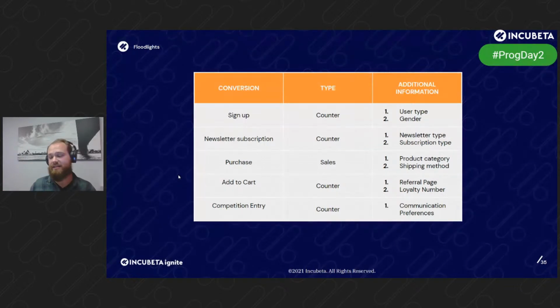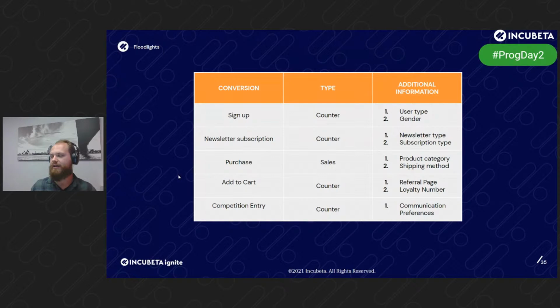But for purchase, you can see there that I've included sales. So the floodlight type for sales will now track revenue and quantity purchased for that purchase conversion action. And the additional information that I've included on the far right hand side here is going to be passed down through U variables, or a custom floodlight variable, as we've discussed. Some of that information could be your user type or your gender. It could be the newsletter type or the subscription type if somebody's signing up for a newsletter.